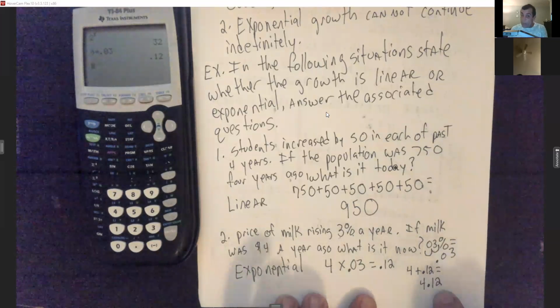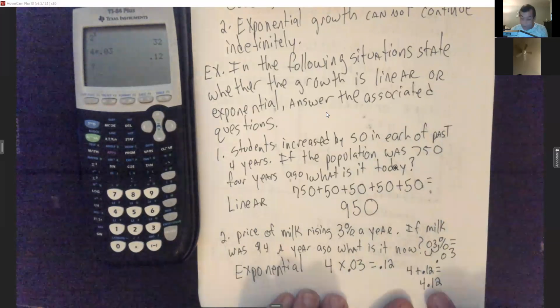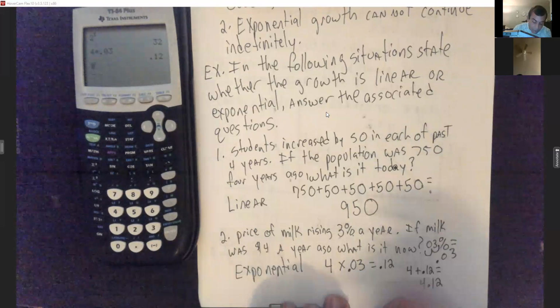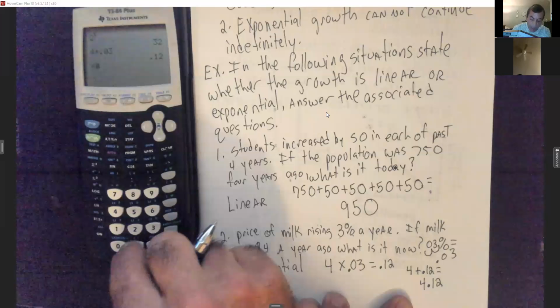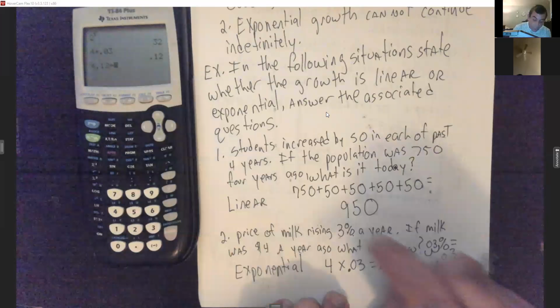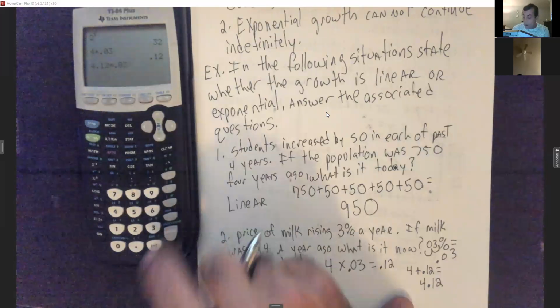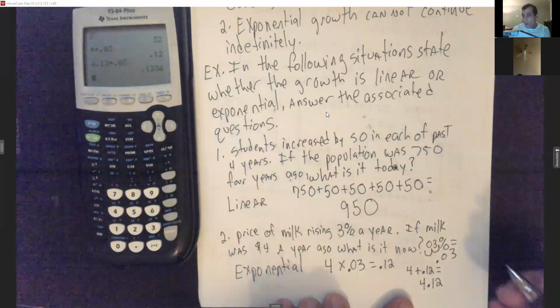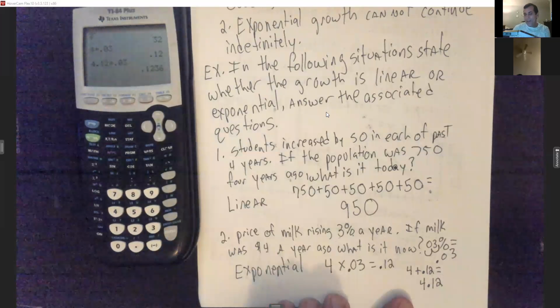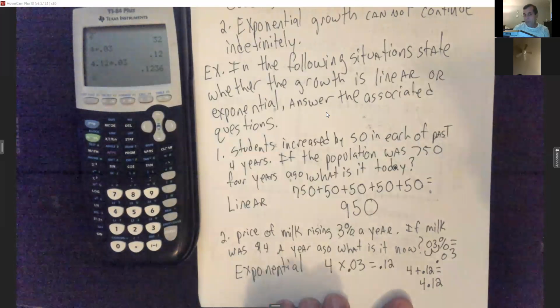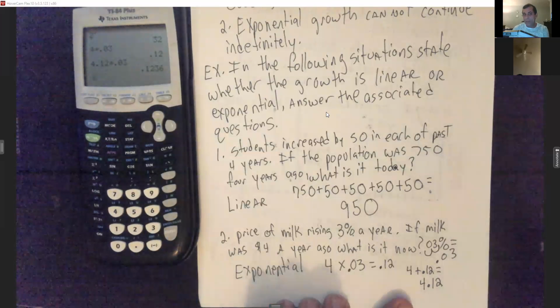But y'all, if I was doing this for another year, I would take my $4.12 and multiply that by the 0.03, because it's going to grow at 3% a year. And that almost is still 0.12, because that wouldn't round up really. So I'd keep that pretty much at 12 cents.